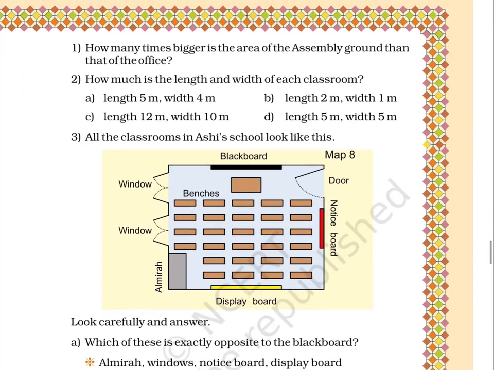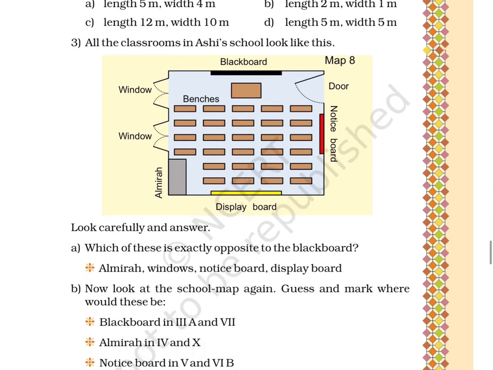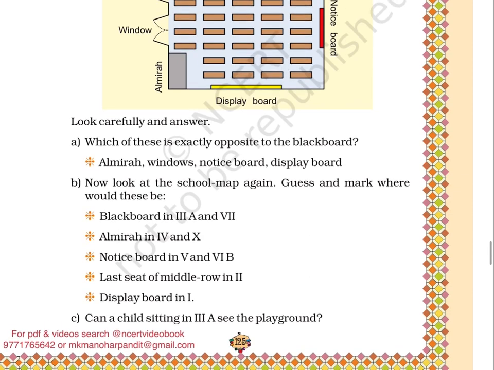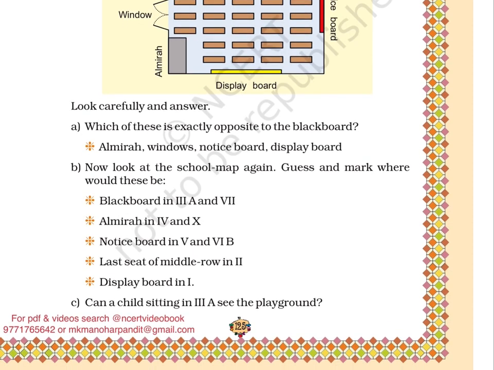Observe carefully and answer. A. Which of these is exactly opposite to the blackboard? Almirah, windows, notice board, display board. B. Now observe the school map again. Guess and mark where would these be? Blackboard in 3rd A and 7th.